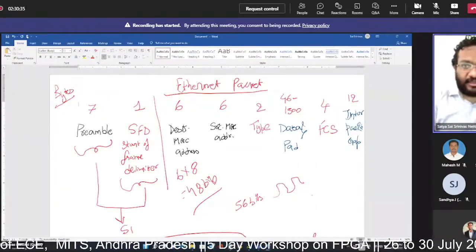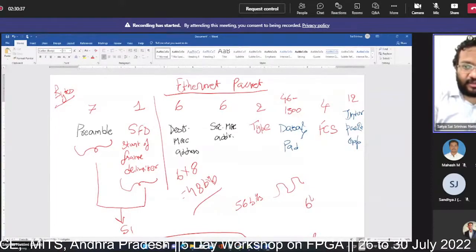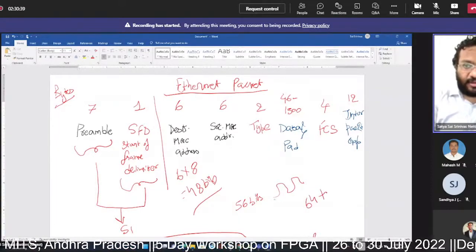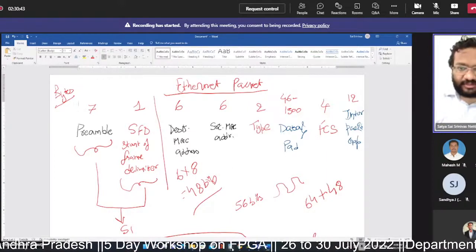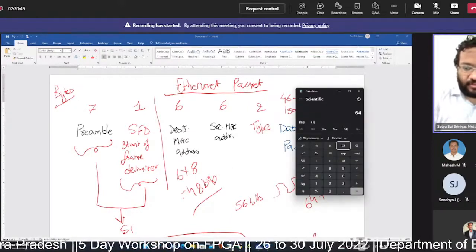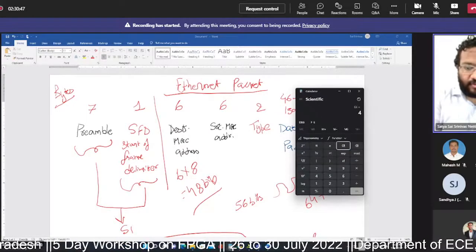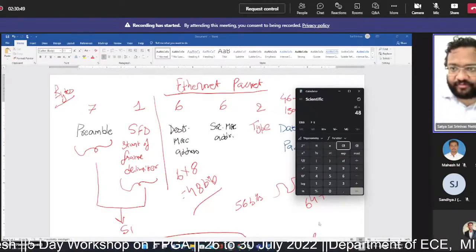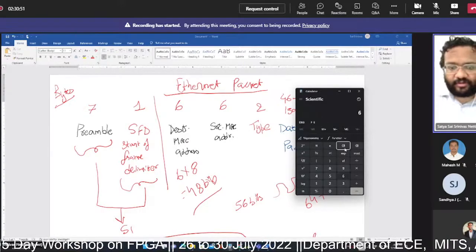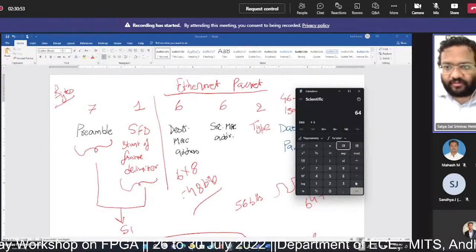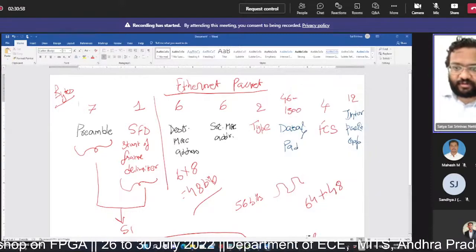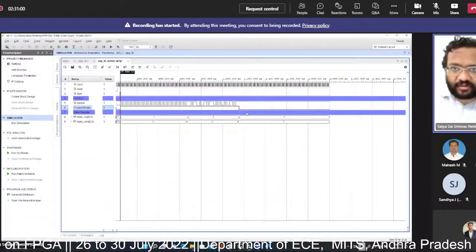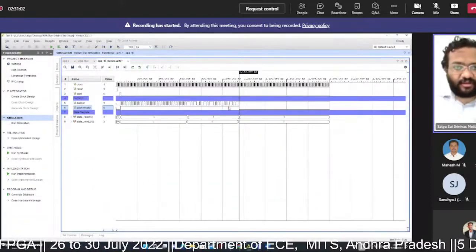This is 64 bits up to preamble, and this is 48. So 64 and 48, that is 112. But I think we're getting only 111. Why?